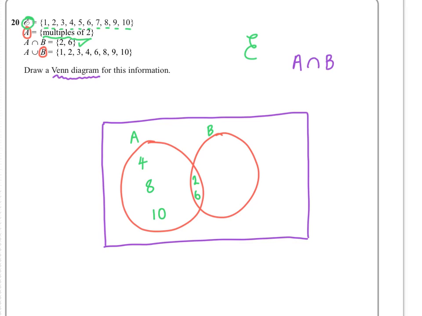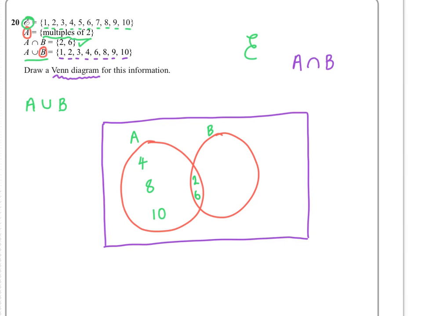Now, A and then this symbol here, B. Now this is easier to remember, this symbol. I remember it at school as U for union. And if you have a union, it has its members, and it's what A and B have in common together. Okay, so if you include all of A and all of B together, then that's A union B. And A union B has the numbers 1, 2, 3, 4, 6, 8, 9 and 10.